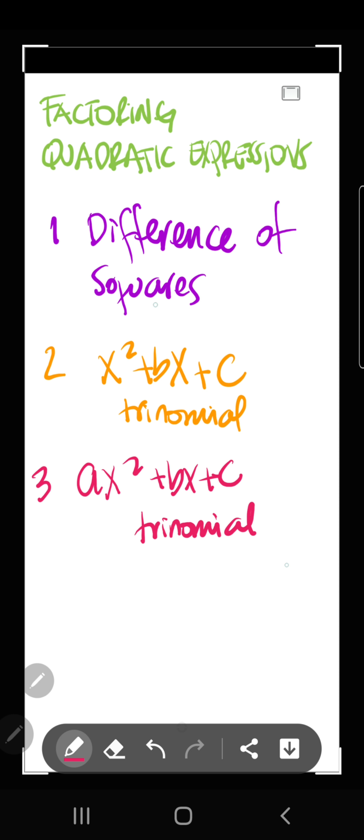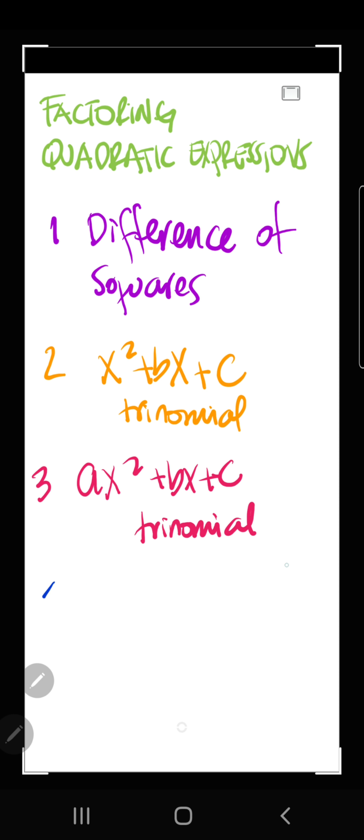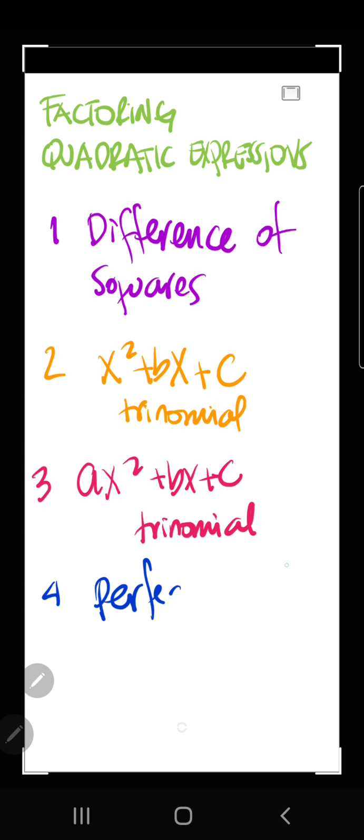Notice that there's a difference between the second and the third because a is a different number in the third form. And the fourth way that we are going to factor is perfect square, trinomial.